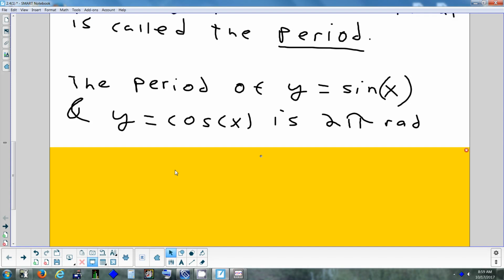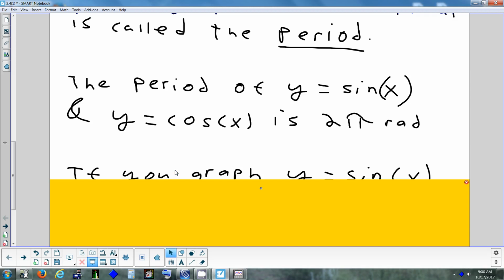Any question on the length of the period if you don't do anything to it? It's always 2 pi. We're not going to change that until Thursday. Every problem we do until Thursday will always have a period of 2 pi.